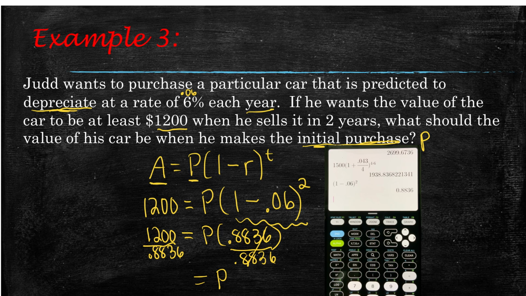And that comes out to be $1,358.08, so 8 cents. And so this is what the initial amount should be in order for him to have it be at a $1,200 value when he wants to sell it.